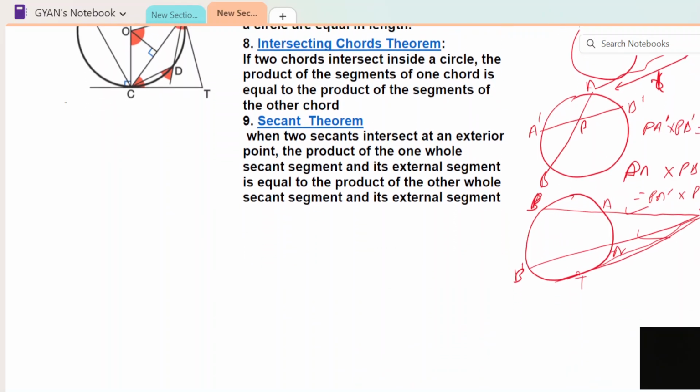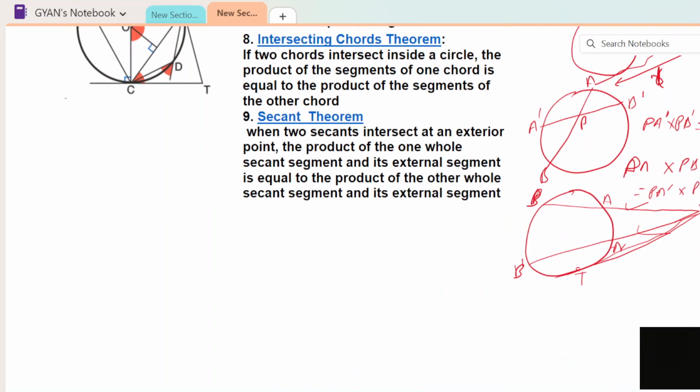Now we come to the locus of the circle, that means we will find the equation of the circle. So how will we find the equation of the circle? What is a circle? A circle is the locus of a point which has equal distance from a fixed point. Suppose this is a fixed point and the distance is r.